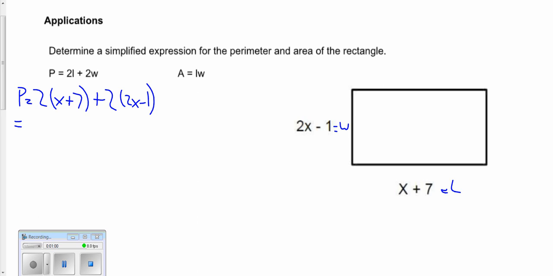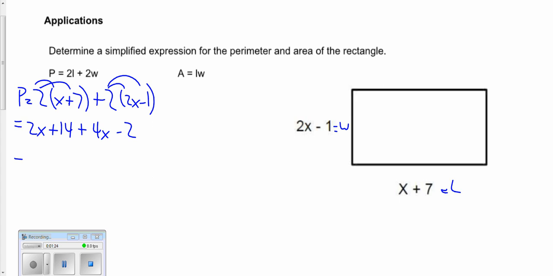I've got 2 times x, that gives me 2x, and 2 times 7 gives me 14, plus 2 times 2x, that's 4x, and 2 times negative 1 is negative 2.